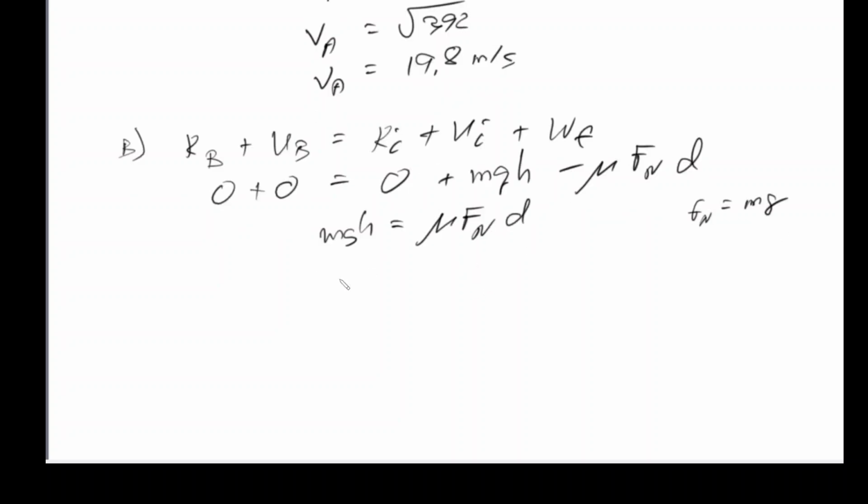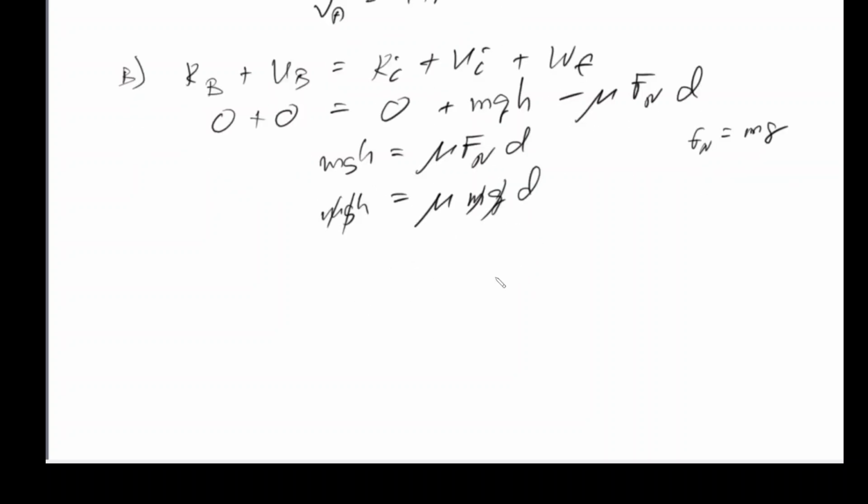So if we plug that in, we get mgh is equal to mu times the normal force, which is mg times d. We can cross out mass, cross out g, and we get d is equal to height over mu, which in this case is 20 meters over 0.25, or the distance he slides is equal to 80 meters.